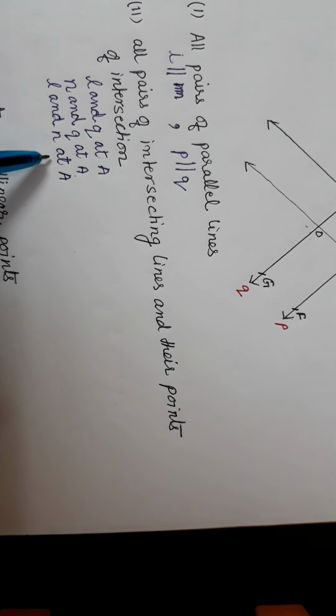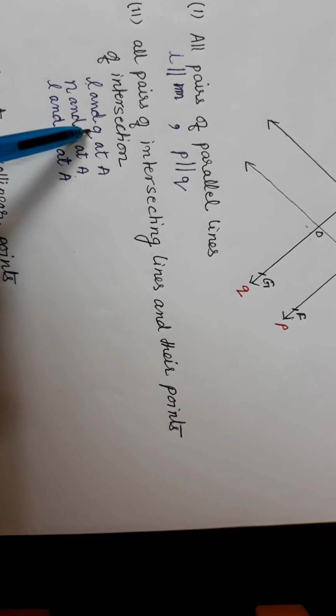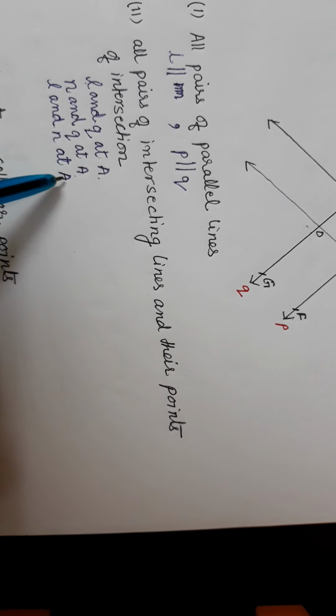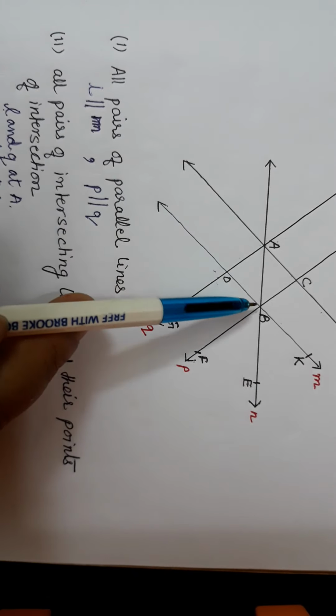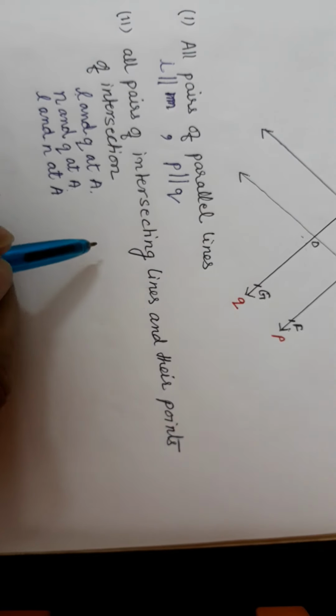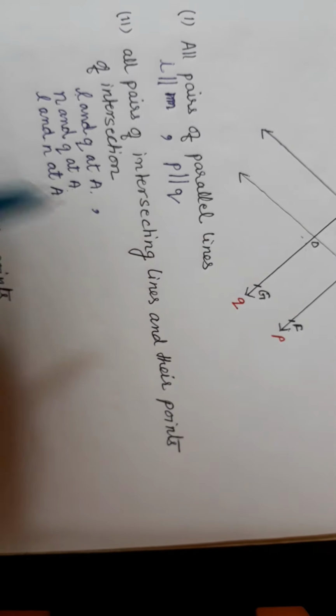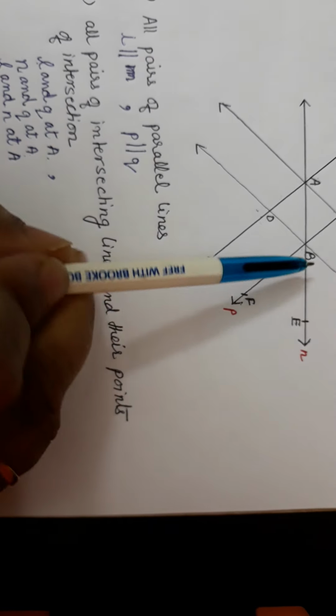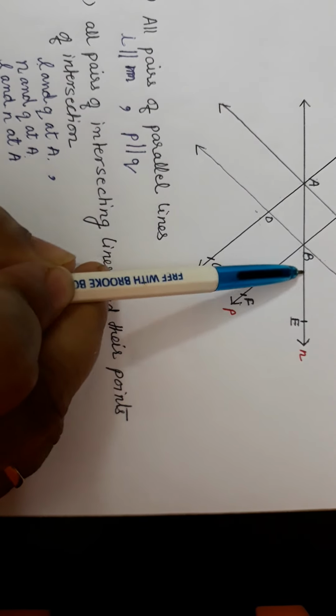We have to be very careful. As I told you, the names of the lines are written with small letters and the name of the point is written as a capital letter. So we have completed point A. Now we come to point B. At point B, we have these two lines first.